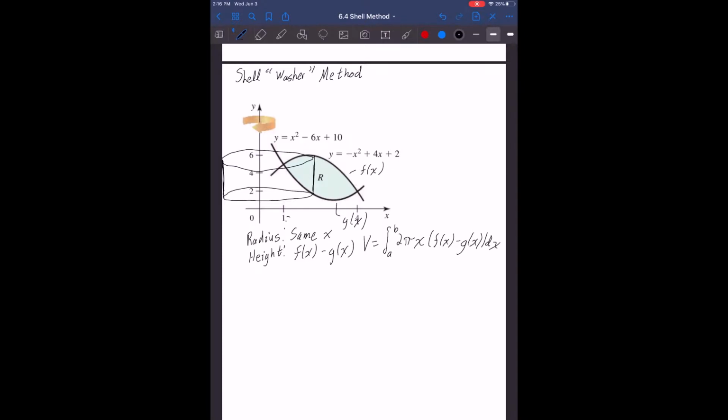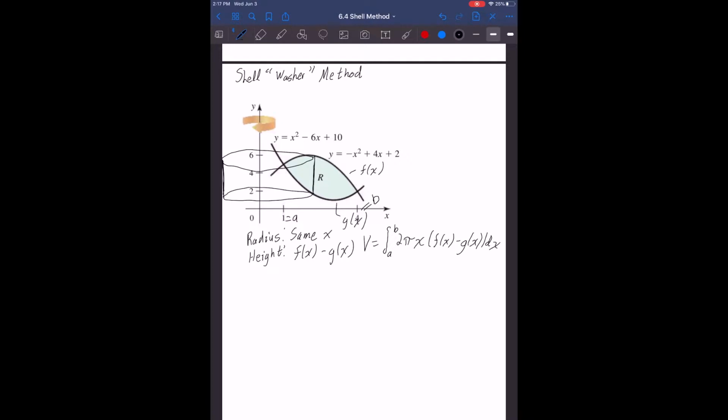Okay, just plugging everything in, we can see that our leftmost value of x is going to be 1, right? We're interested in revolving around the y-axis, and we're using the shell method, which means we actually use x values. And our rightmost value is going to be 4. We already have our functions in terms of x.